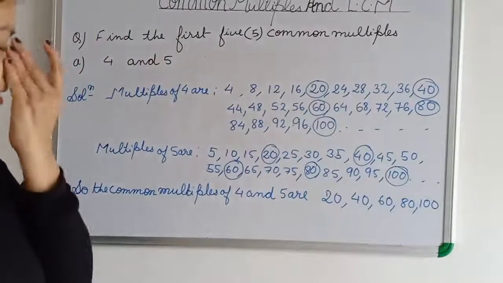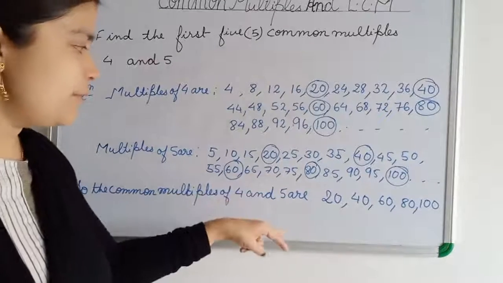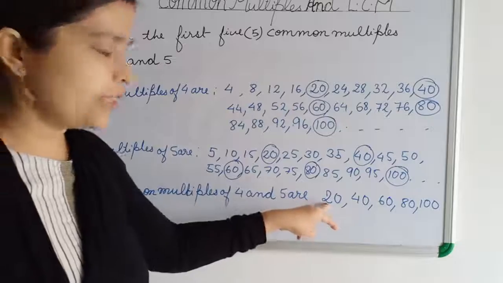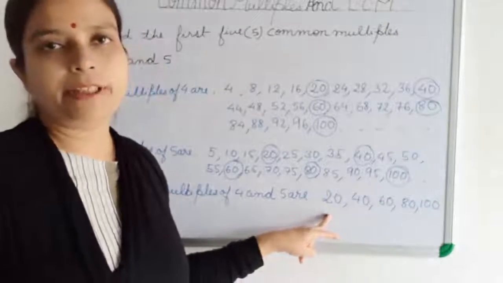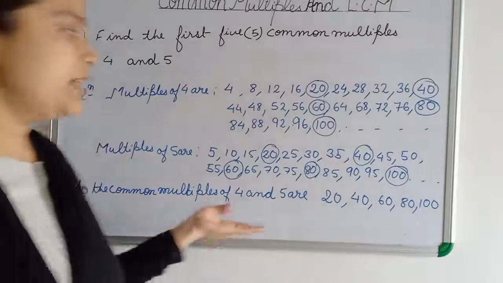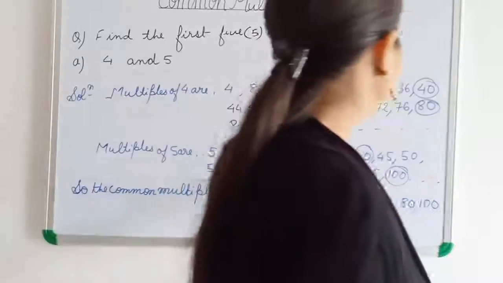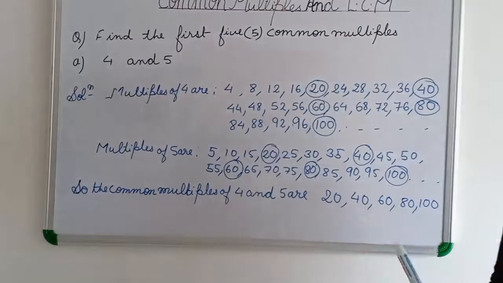On the number line, when we jump by 4 we get 20, and when we jump by 5 we also get 20. So the multiples which are shared by both numbers are known as common multiples.